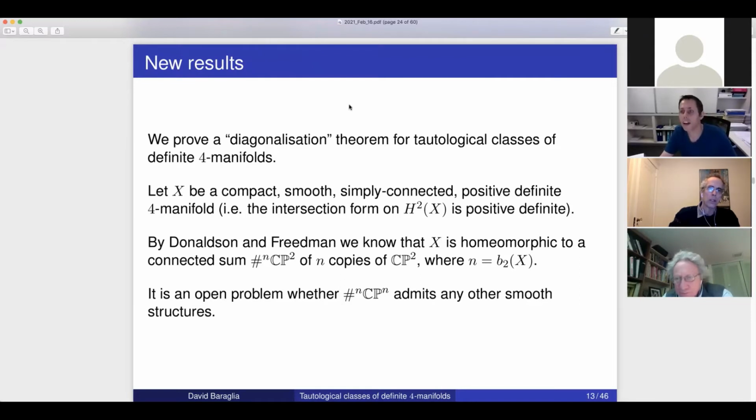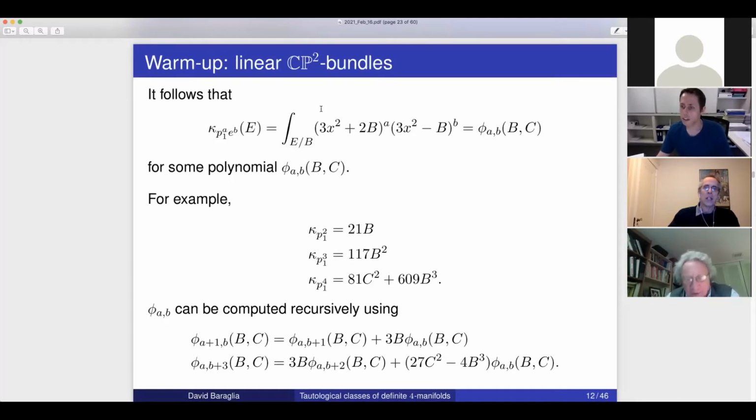David, I think you've got a question. Yeah, may I ask you something? In the previous formula, if C happens to be 0, can you have explicit formulas for that case? Probably yes. I haven't sat down and done that, but if C is 0, then this polynomial has to be homogeneous if you give B and C the right degrees.